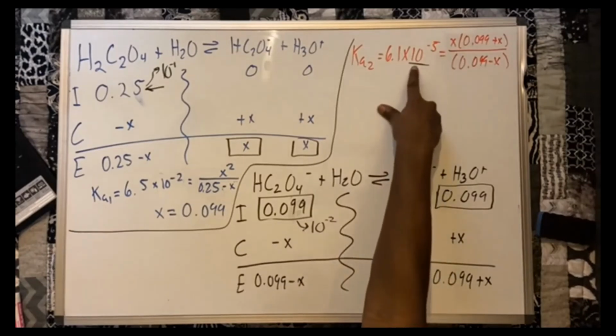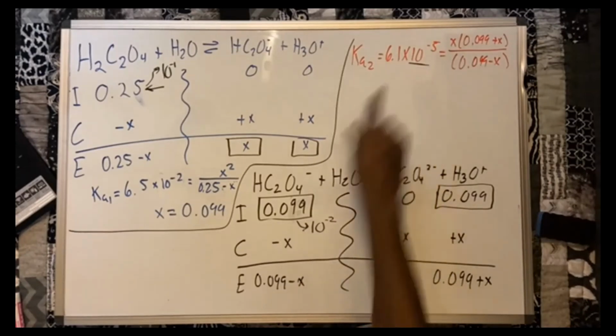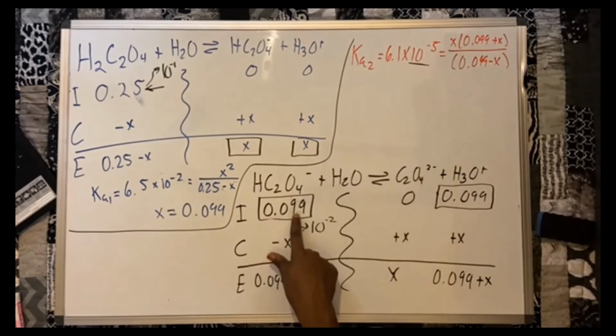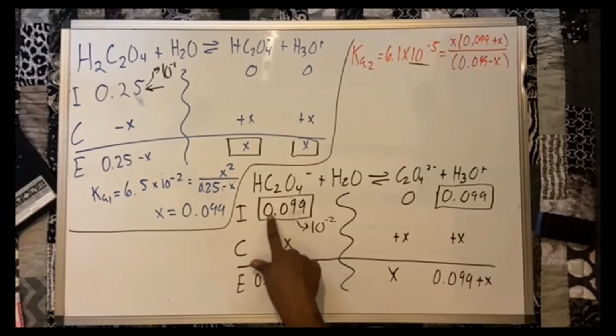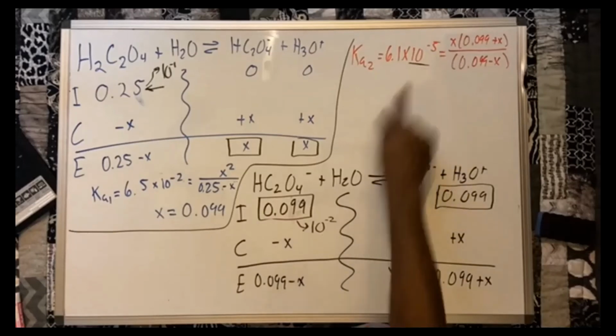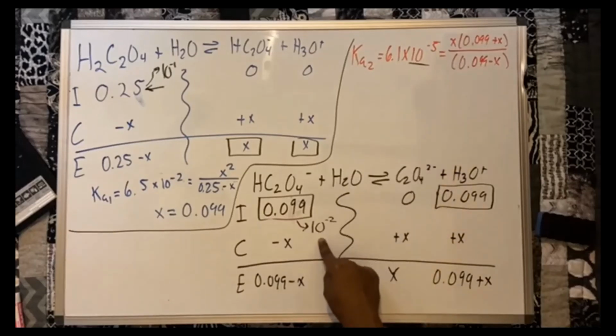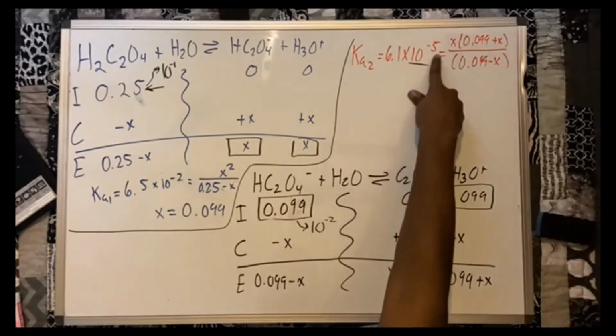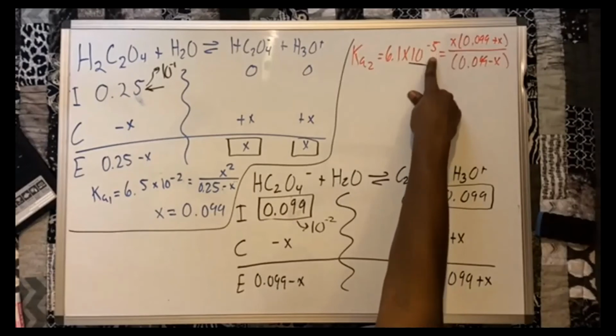This one is 10 to the -5. This one, if I wrote it in scientific notation, I would put 10 to the -2, right? So this is 3 orders of magnitude greater than that one, or the other way around, whichever way. But there's a difference by 3. Right, -2, -5.